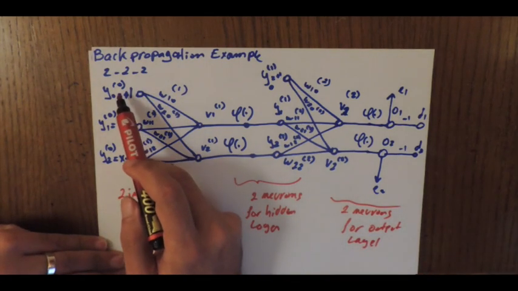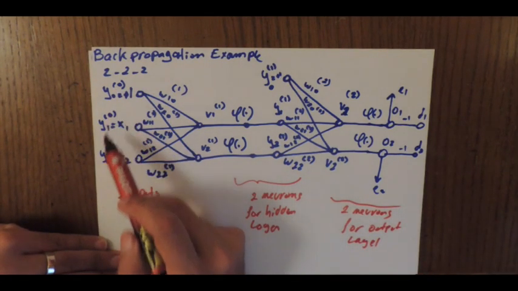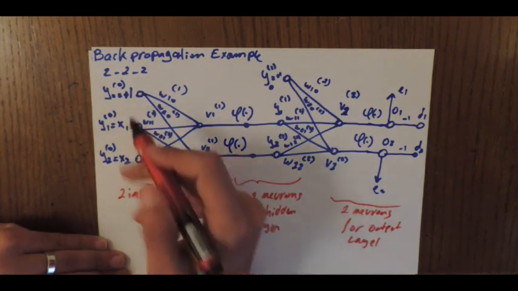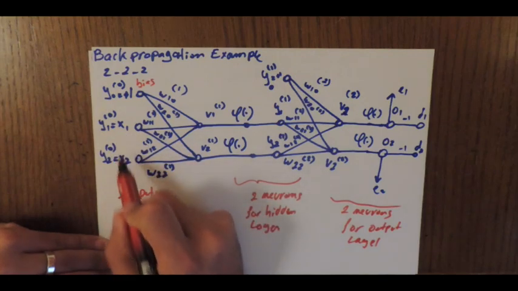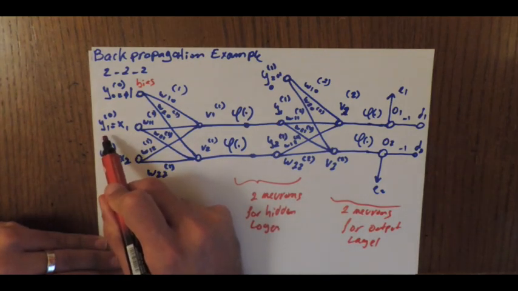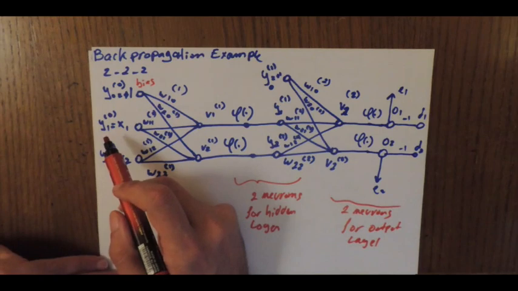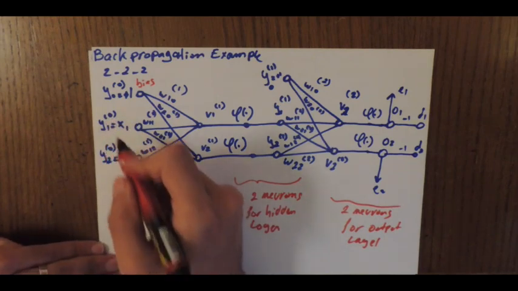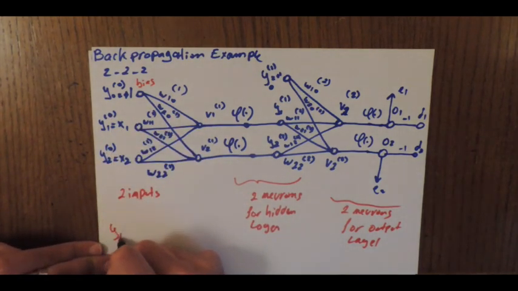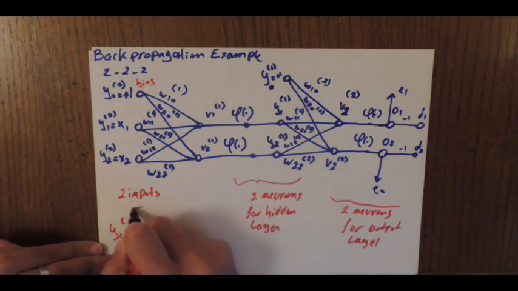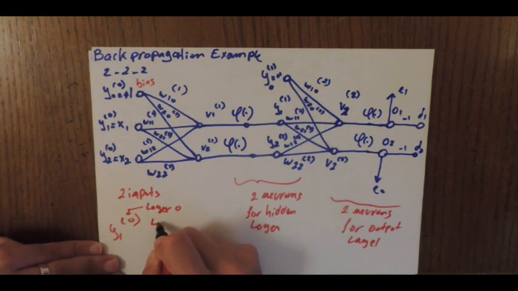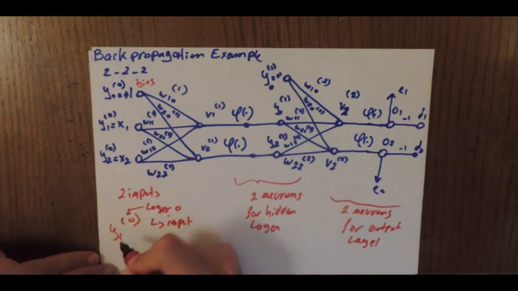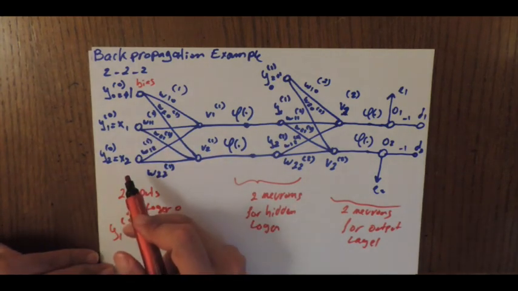So the input layer has a superscript of 0, as you notice here. This is the bias, and we have x1, x2 is the input, which we're gonna conveniently call y1 of 0. So when we say y1 of 0, we mean this is layer 0. Layer 0 is the input, okay, and y1 is the first input, y2 will be the second input.